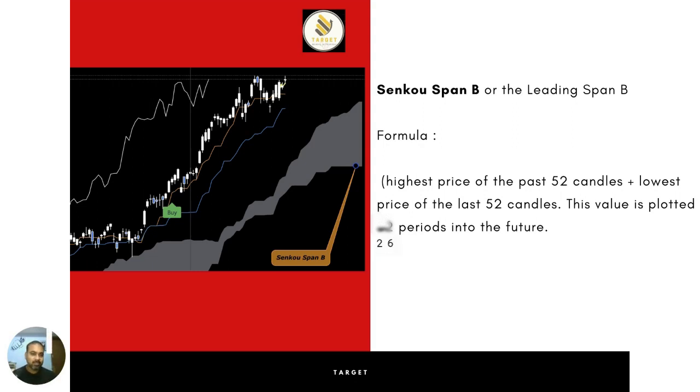If you take a look at the chart here, the Senkou span B is marked 26 periods ahead, but the calculation is completely different from Senkou span A. This calculation looks a bit tricky at first, but when you understand it, the Ichimoku indicator will be much easier to get. Senkou span A and Senkou span B form the cloud.